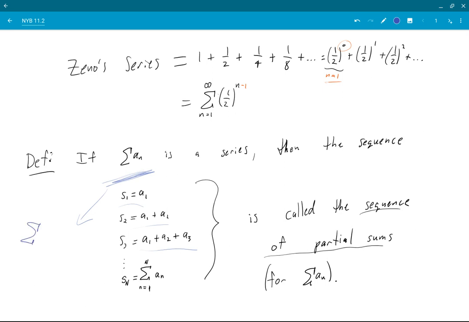So if I write sigma without anything below or above, what I mean is summation n equals 1 to infinity. It's a short form because very often series are going from 1 to infinity, especially in our textbook. So I'm going to use the short form.